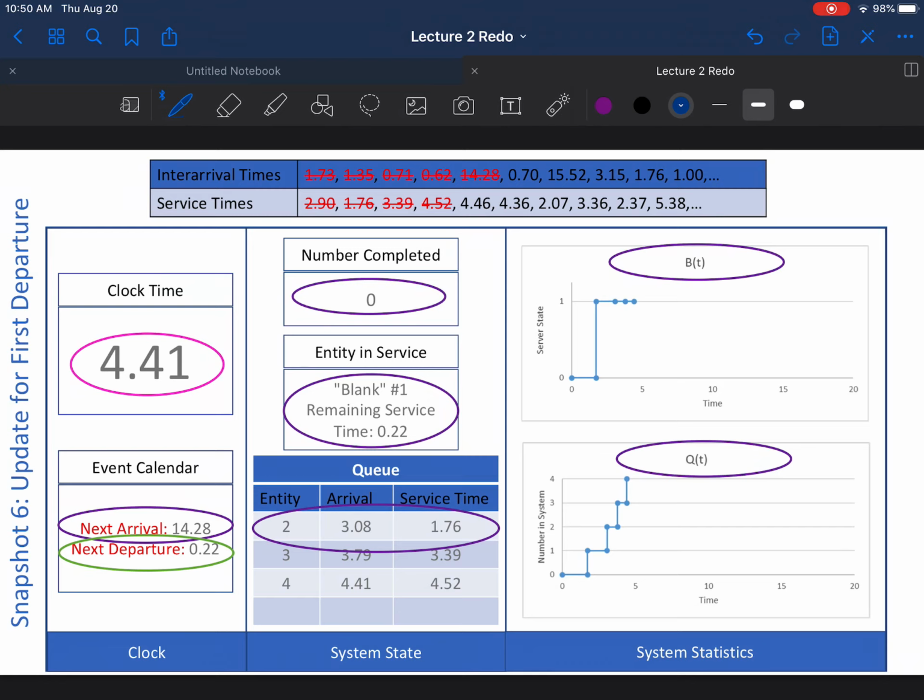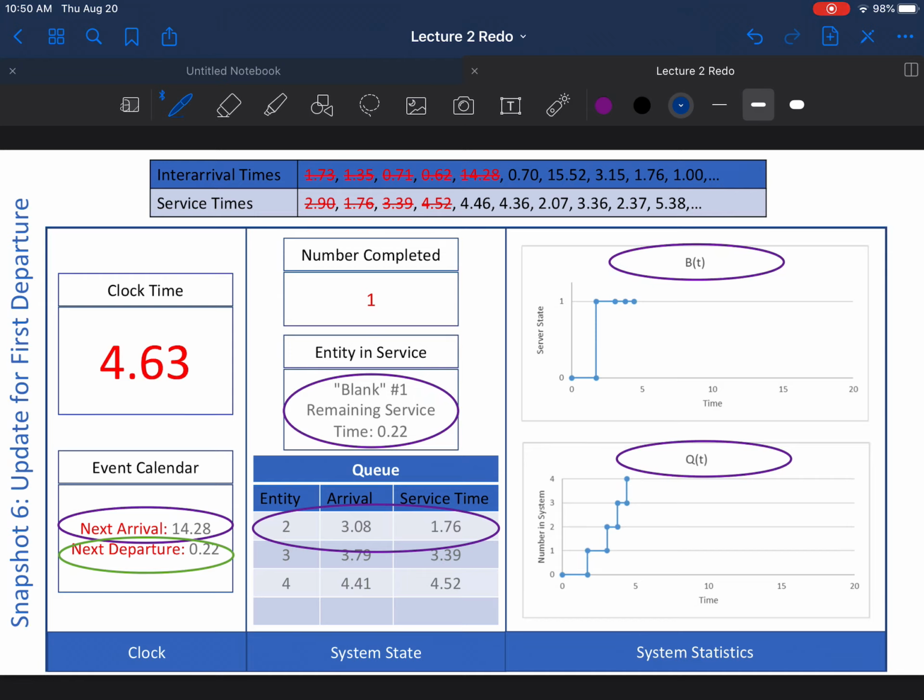First, the clock time. It's the same idea, except now instead of adding the next arrival time, because we're having a departure next, we're going to add 0.22 to that clock time. And so we get to 4.63. Now completed: we finally have completed a part. We've completed blank number 1, so that will increase to 1.